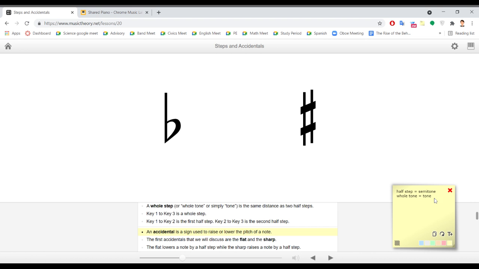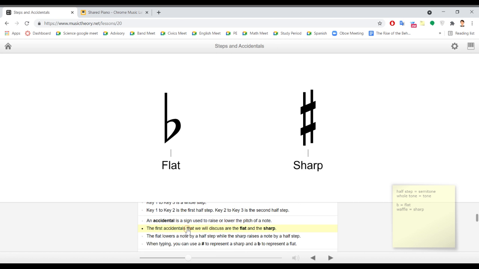An easy way you can remember it is that the flat looks like the letter B, but just curved at the bottom a little bit. So whenever you see the B, it's a flat. And whenever you see the sign that looks like a waffle, that's a sharp.